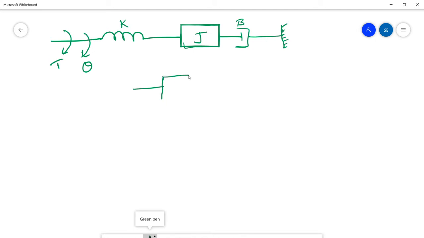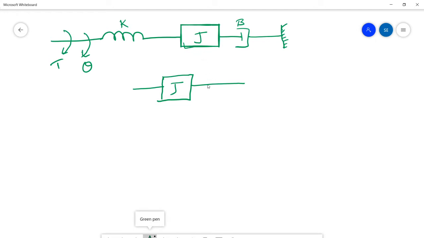What are the elements influencing the torque on J? You can see K is influencing J and B is influencing J, and J itself has a torque, that is Tj.